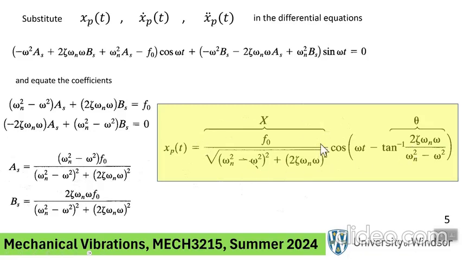And theta, remember, tangent of theta was the ratio of Bs over As. So Bs over As is written, cleaned up, because they have the same denominator, and you get that. So we beat it. In other words, we found the solution to the damped harmonic problem. Okay?